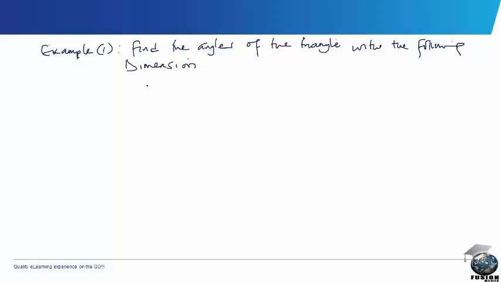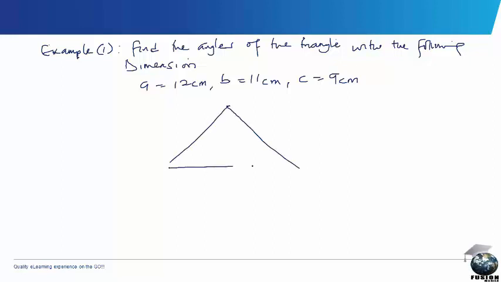Okay, A is equal to 12 cm, B is equal to 11 cm, and C is equal to 9 cm. If this is our triangle, all we have been asked to do is find the angles around the triangle, A, B, and C. Small letter b is 11 cm, small letter c is 9 cm, and small letter a is 12 cm.